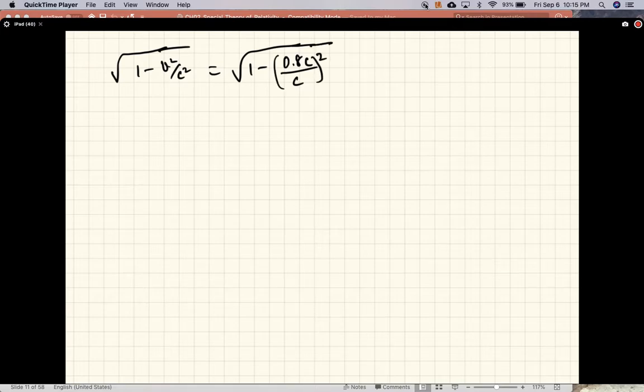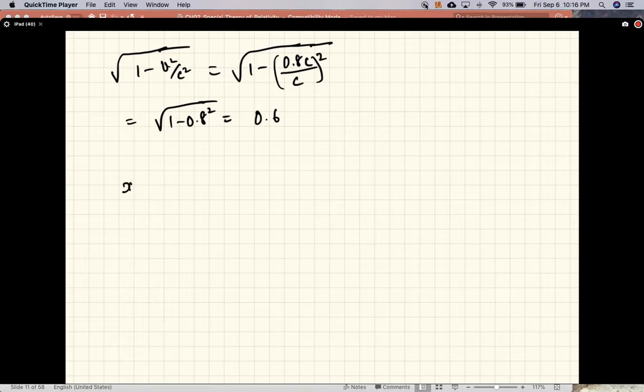So that's v squared by c squared, and so that's equal to 1 minus 0.8 squared, and so this is 0.6. Yeah, so that's 0.64, 0.36, yep, 0.6. All right, so we have that factor.